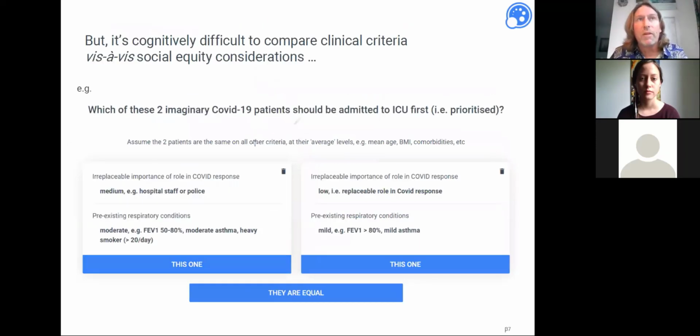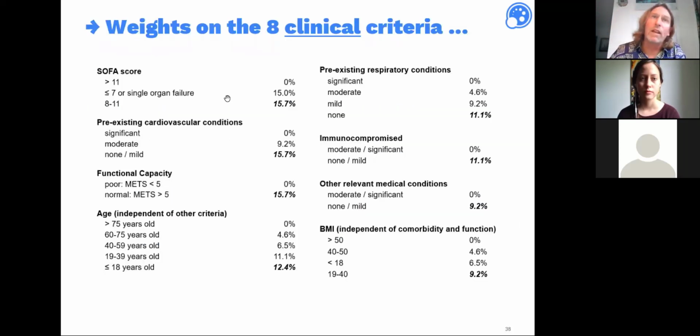Now we tried to incorporate the social equity considerations with the clinical things, but that just proved to be too difficult. It was too cognitively difficult. So the decision was reached, certainly under the pressure of time, to keep those things separate to begin with. And so it ended up criteria and weights, again, just the same old thing. We've seen this lots of times now in this talk.